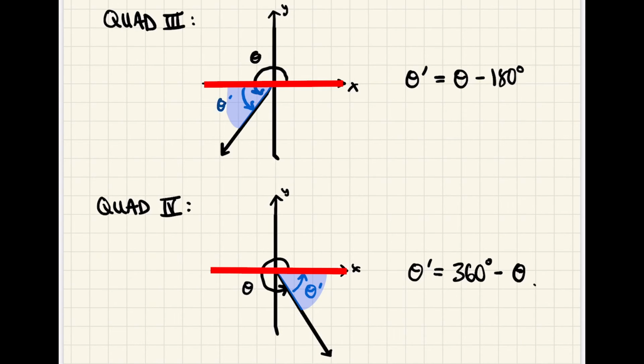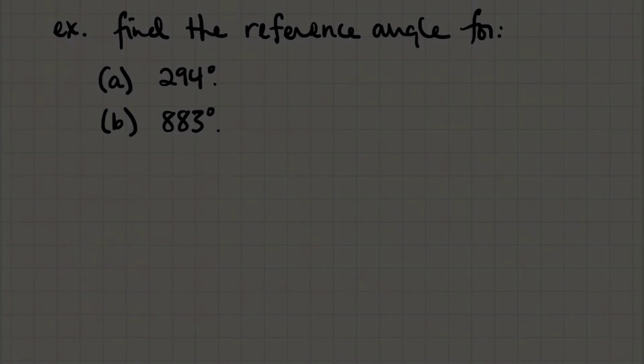In fact, in each of these drawings, we could have completely ignored the y-axis, and that may have in fact made life even easier. The y-axis is pure distraction when it comes to finding reference angles. They always involve the x-axis. Yes, right there. There's the x-axis.